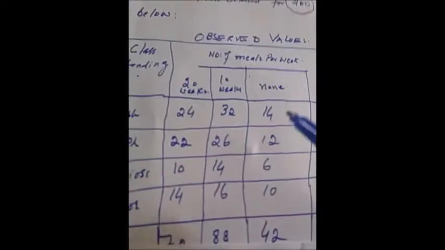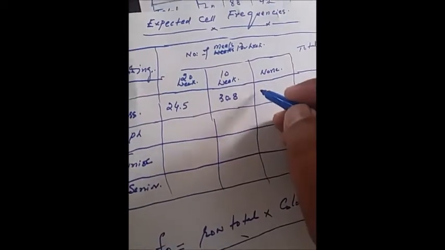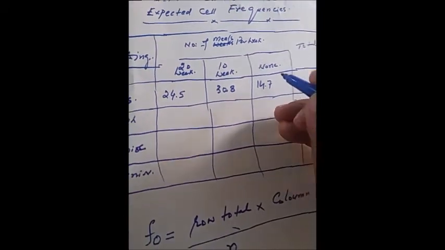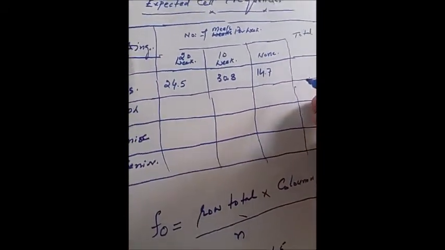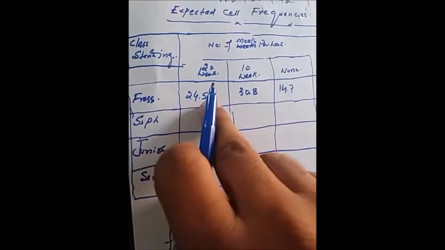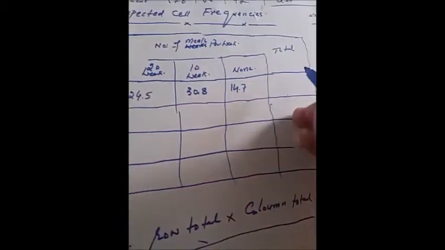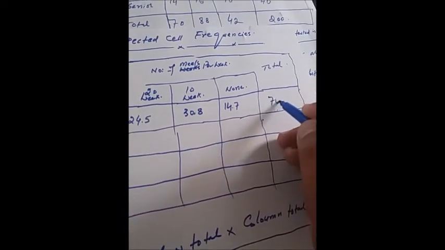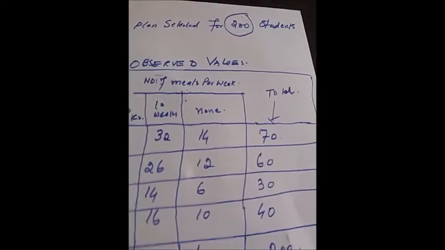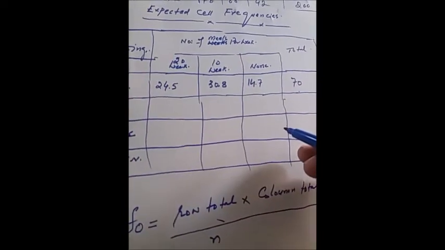So we have added 14.7 to the expected cell frequency table. The total is 24.5, 30.8 and 14.7, which is 70. The expected values total is the same as the observed.